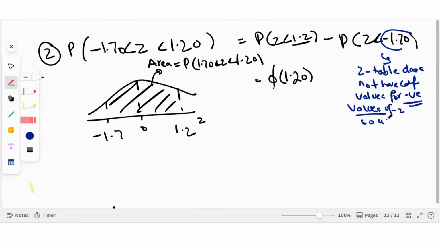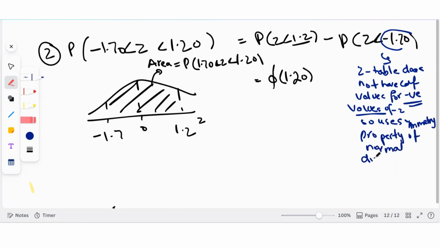So we're going to use the symmetry property, where we know the normal random variable is symmetric around its mean, which means that the standard normal random variable with mean 0 is symmetric around its mean 0. So use the symmetry property of the normal distribution.